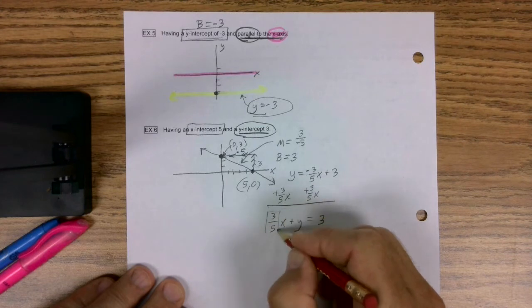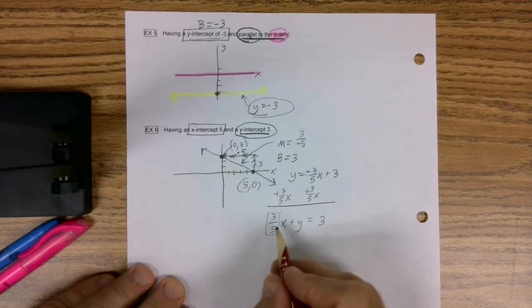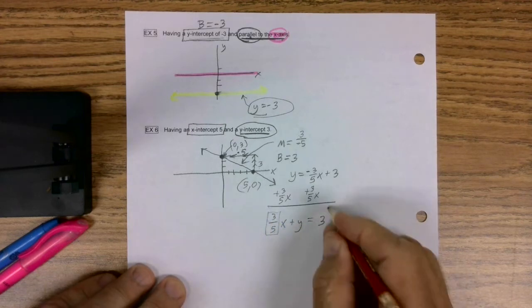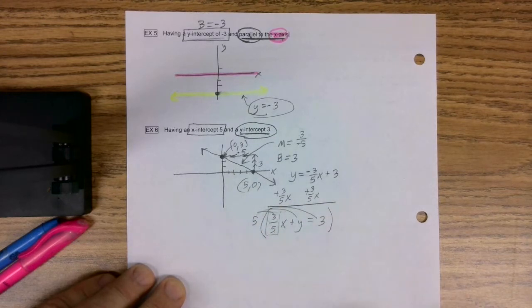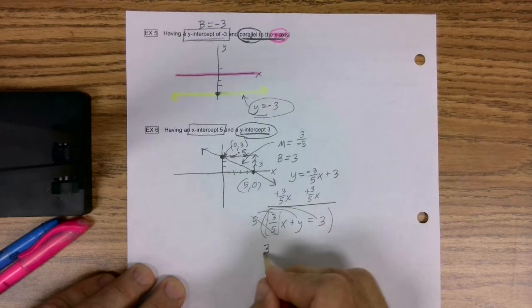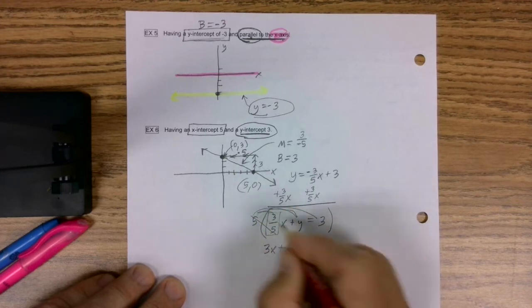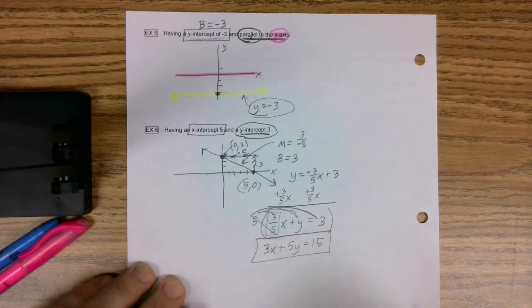No. This needs to be a positive integer, meaning whole number. So I don't really care about the 3. That can stay. This has to go bye-bye, which tells me I need to multiply this by 5. Everything. So these cancel. 3x plus 5y equals 15. There, I have obeyed the instructions.